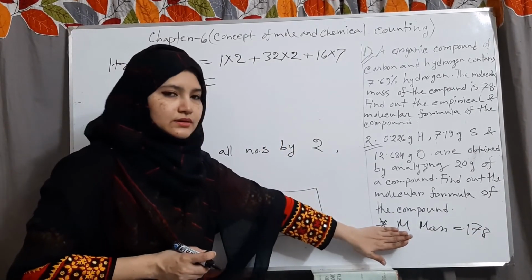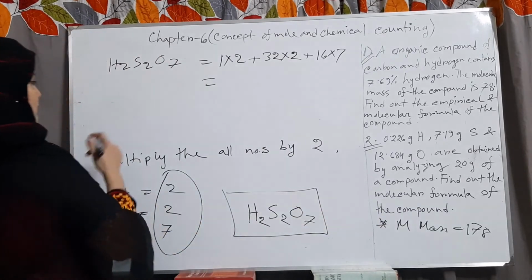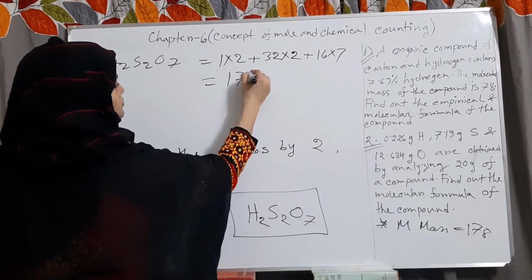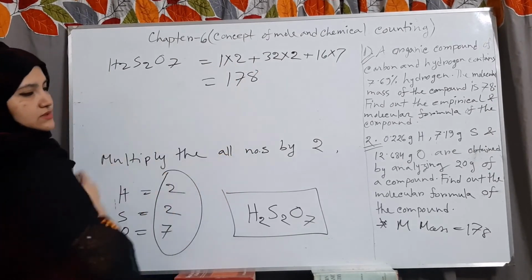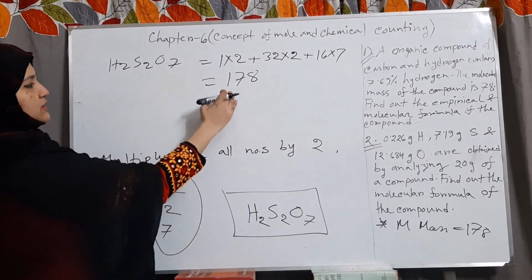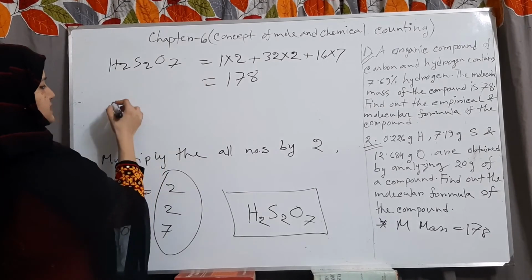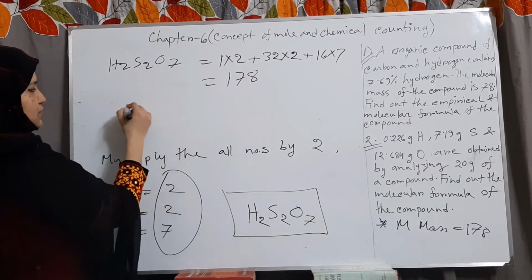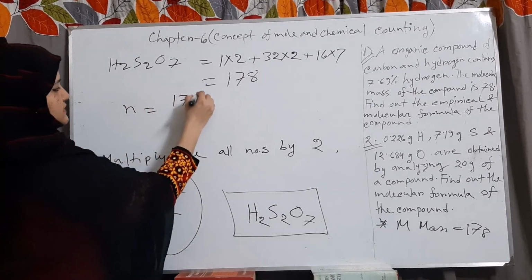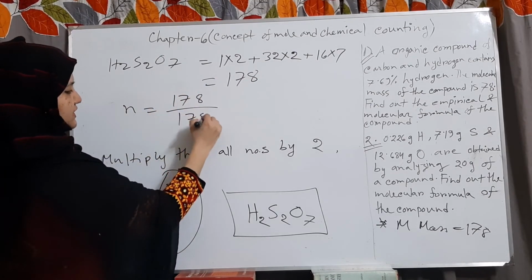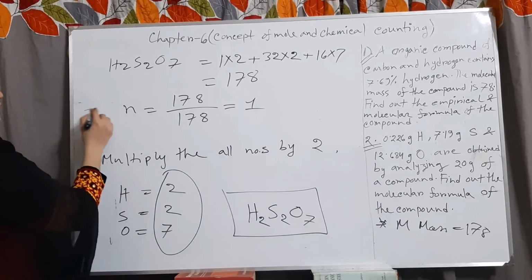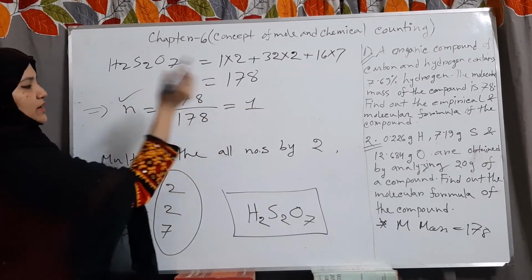This is given, and from this we also get 178. The mass of the empirical formula is 178 and the mass of the molecular formula is also 178. So 178 by 178 is equal to 1. The value of n is 1.